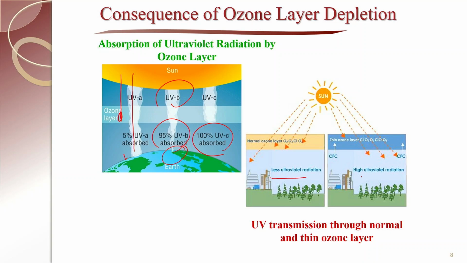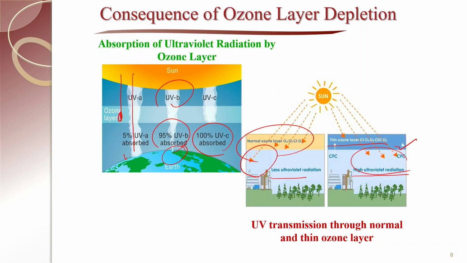So, less ultraviolet, high ultraviolet. So, where normal ozone layer is there, in that case the ultraviolet ray reaches at the lower amount, but when the thin ozone layer is there, we can get higher UV radiation.